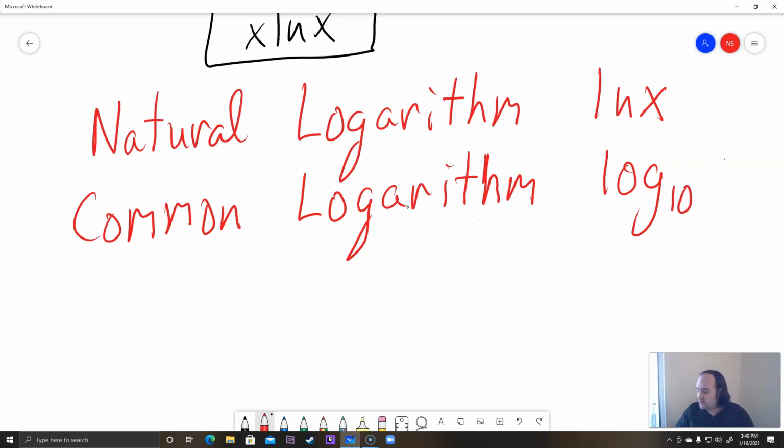Okay, so a common logarithm on a lot of calculators, instead of saying log base 10, it'll actually just say log of x. But that's a base of 10. It's assumed that it's a base of 10. Okay, so log of x or log base 10 of x, those mean the same thing.